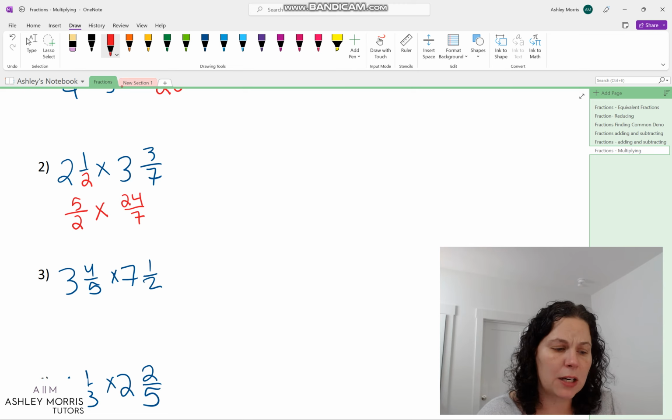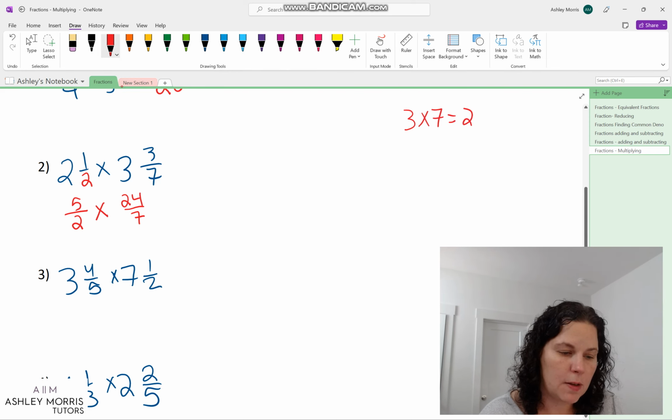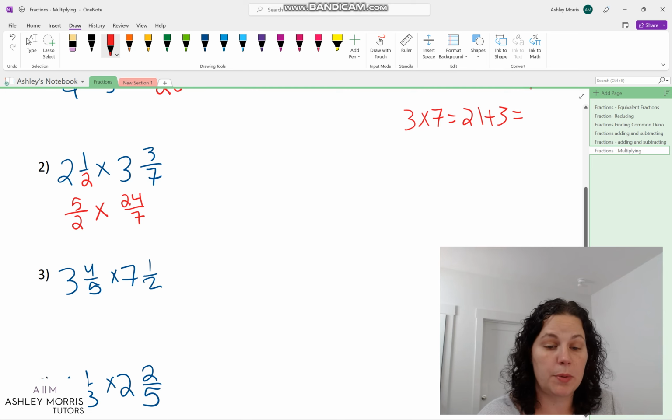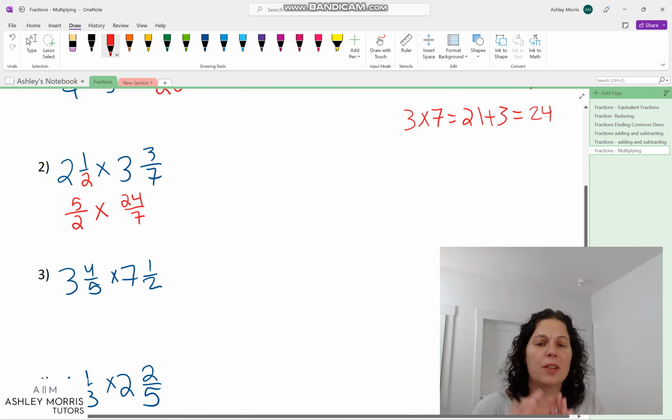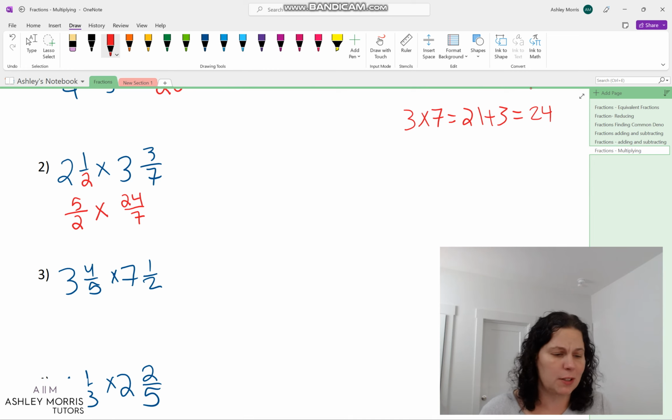And do not feel bad if you need to come over to the side and do 3 times 7 and then add 3. 3 times 7 is 21. 21 plus 3 is 24. If you need to go to the little margins on your paper or get out a totally separate sheet of paper, do it. No big deal.